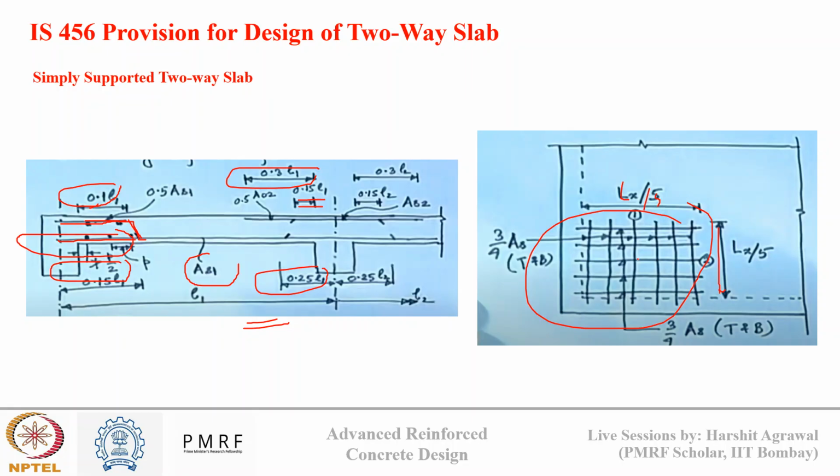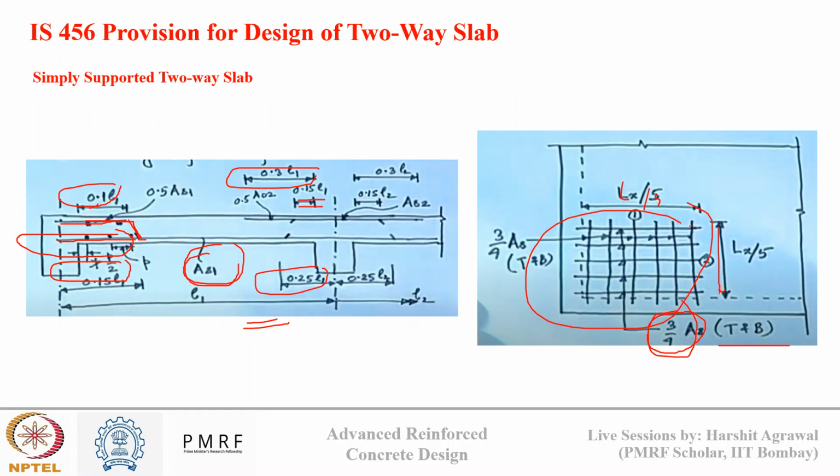Okay, so this mesh reinforcement needs to be provided both at the top and the bottom, and the area of this mesh reinforcement should be three-fourth of the area of steel. So whatever area of longitudinal bars we are providing, three-fourth of that area we need to provide at the top and at the bottom as mesh reinforcement. Suppose we are providing a 10 mm longitudinal rebar at a spacing of 200 mm center to center.